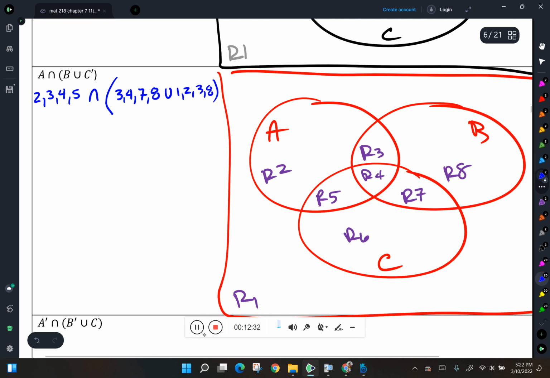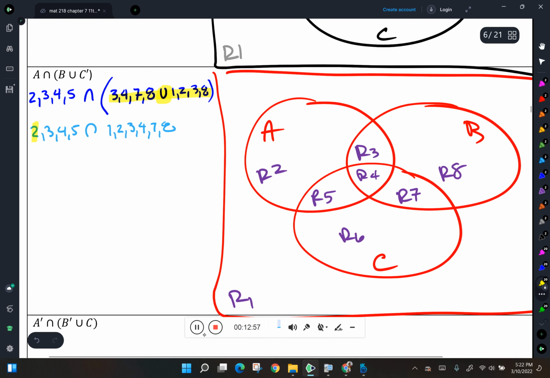All right. So then inside of those parentheses, I'm going to take the union of those 2. And so that's going to give me 1, 2, 3, 4, 7, 8, and I need to intersect that with 2, 3, 4, 5, and we'll take a look at their intersection. The intersection is going to be 2, 3, and 4, right? So 2, 3, 4.